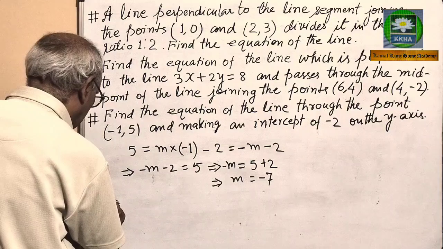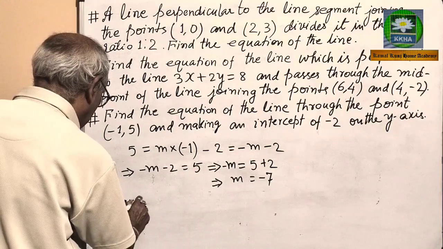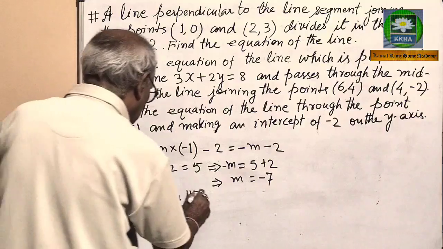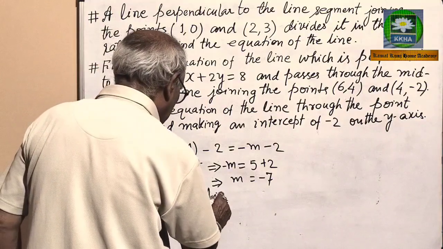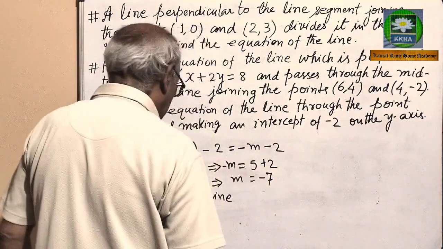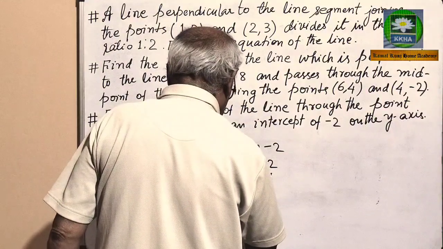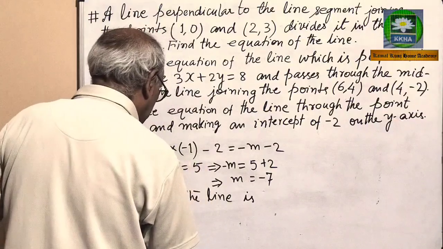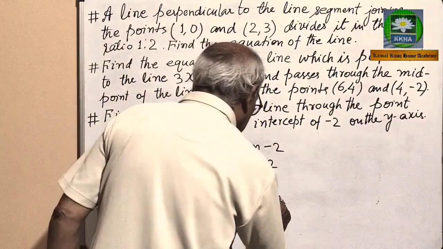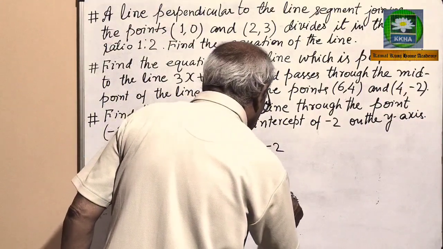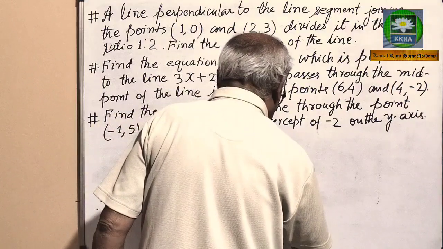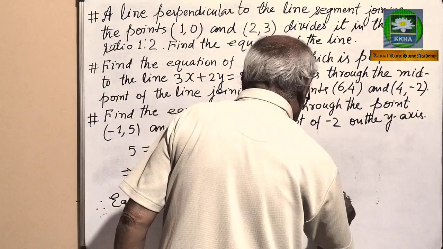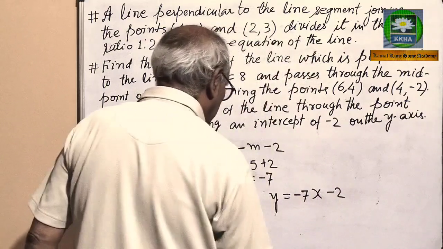Therefore, the equation of the line is y = -7x - 2.